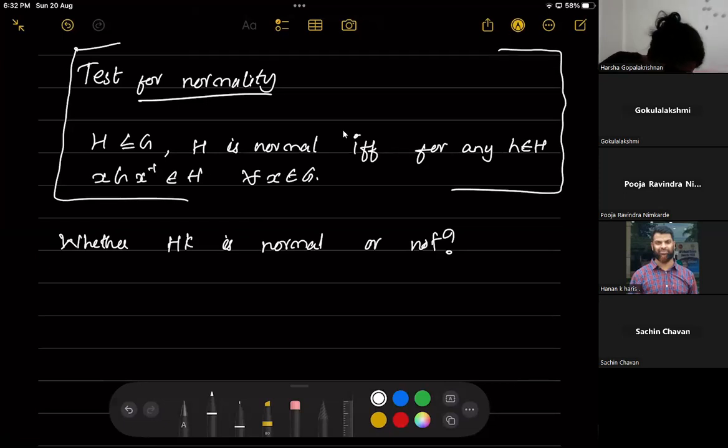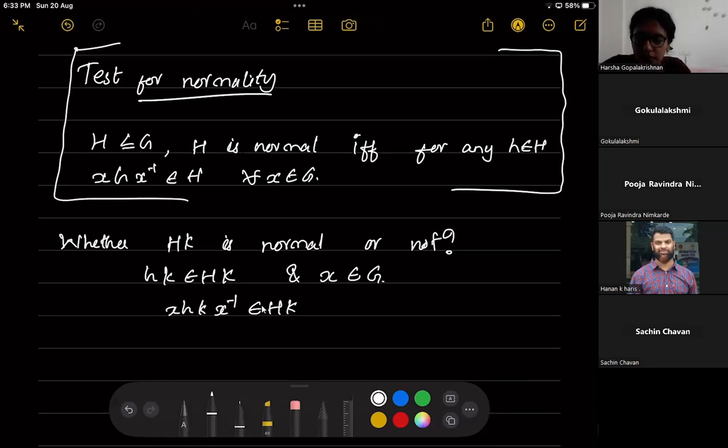So I am starting with an element hk from HK and an element x in G. So we need to prove that x hk x inverse belongs to HK, for all x in G.